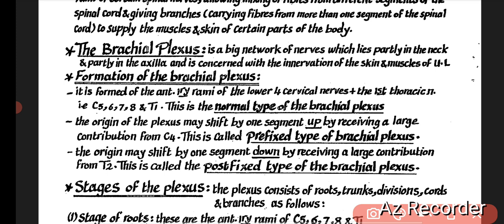The brachial plexus is formed by the anterior rami of the lower four cervical nerves plus the first thoracic nerve, for example C5, C6, C7, C8 and T1. This is the normal type of brachial plexus.